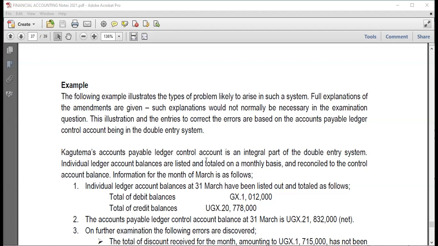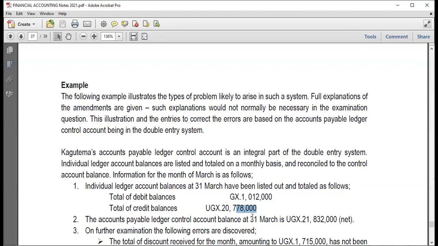Individual ledger balances are listed and totaled on a monthly basis and reconciled to the control account balance. Information for the month of March is as follows. So we have the individual ledger balances, individual account balances. We have our total debtors is 102,000, and then the total creditors balance is 2778.